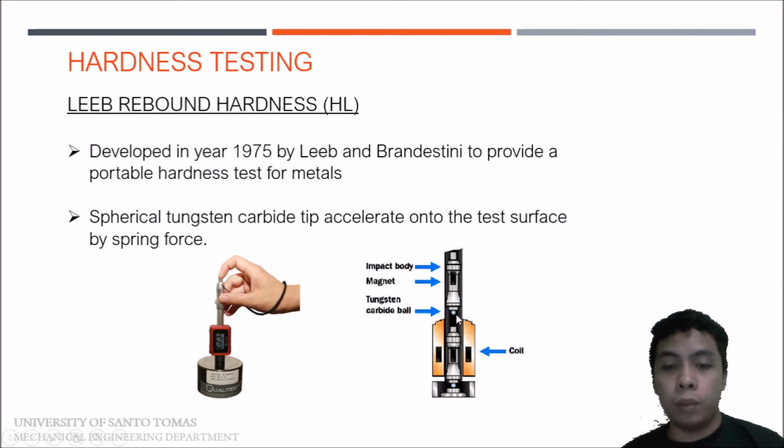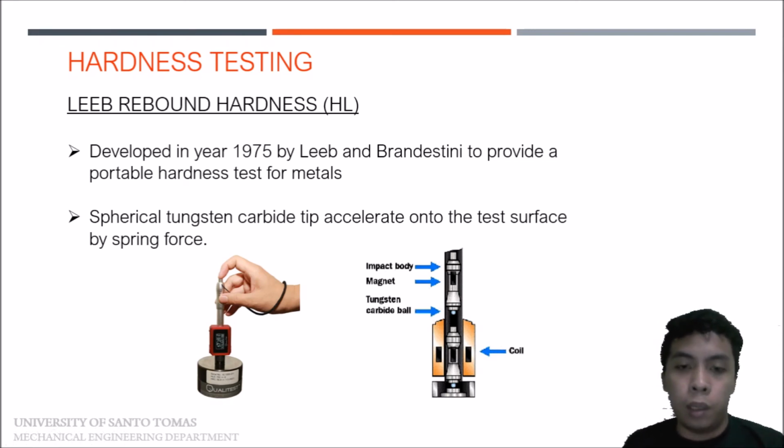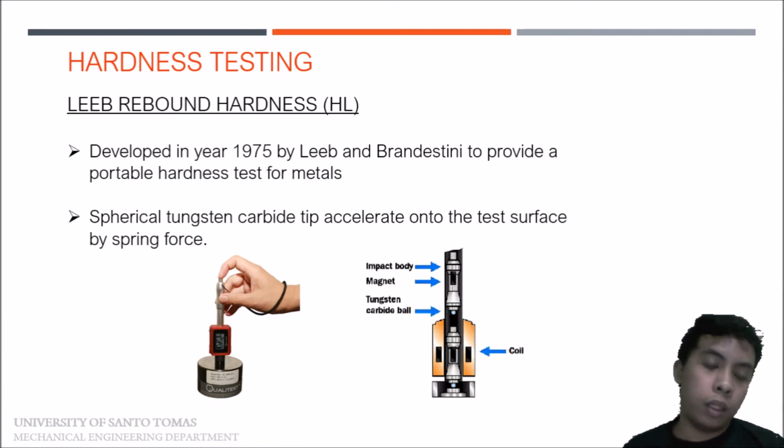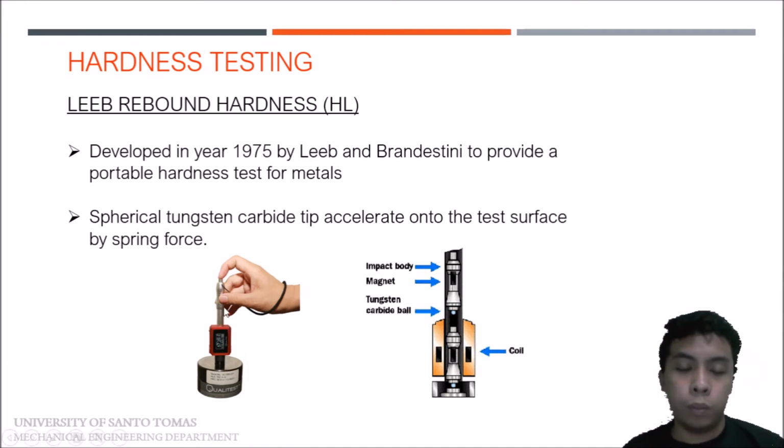The tip is made out of tungsten carbide. The measurement is digital using this equipment or tool. So you no longer need to go to a materials testing laboratory to know its hardness. You now have a portable tool to determine the hardness of a material.